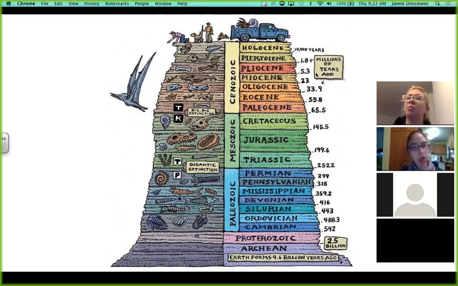So scientists have put together this timeline, and they've even organized it into these eras and periods of time of Earth, based on what was living. So for example, in the Mesozoic era here, we have the Cretaceous, Jurassic, and Triassic periods.